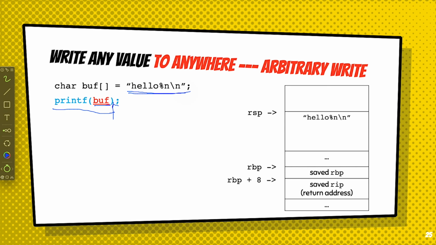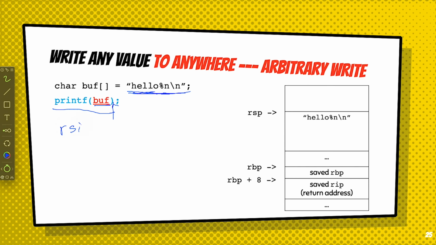So in this case, what will happen? As we already know, %n will write the number of printed bytes to the second argument. Even though we don't specify the second argument, we know that the second argument corresponds to register RSI.